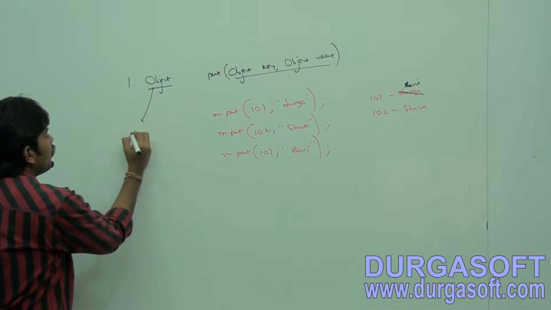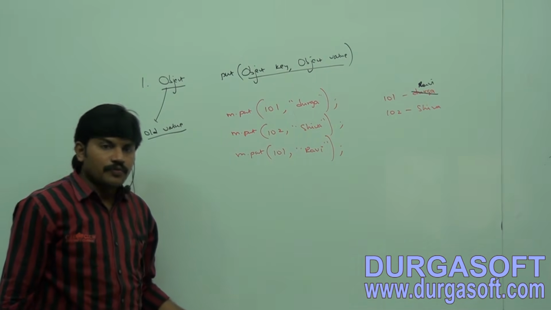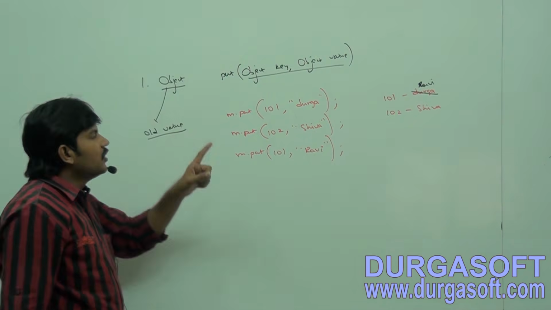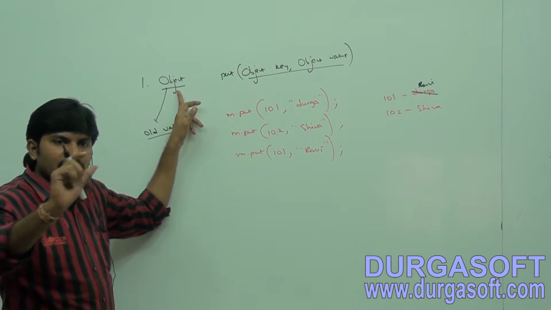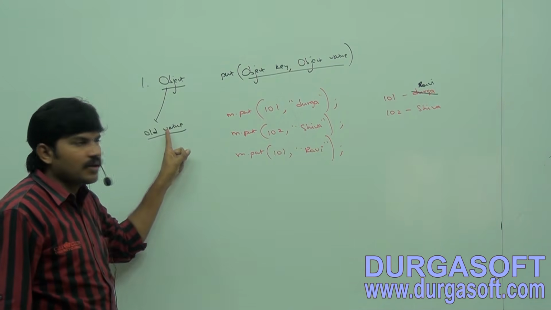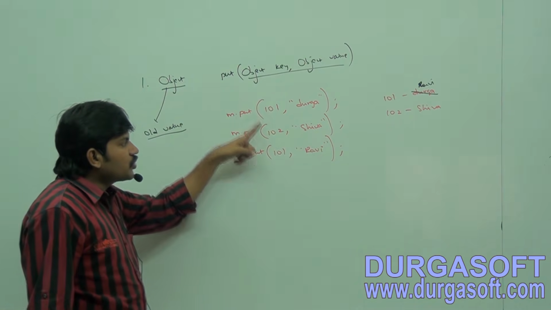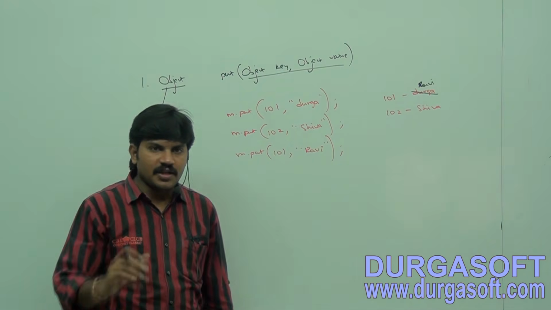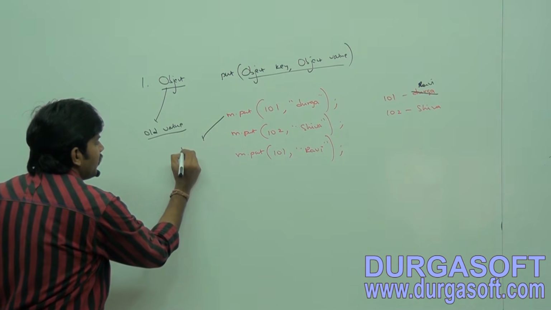That is the return type, right? This one is the old value. If you want to know which value got replaced, just keep this put method inside SOP. If you try to print the return value, Durga, the old value, we are going to get. Suppose you may ask, sir, in the first two cases we are not performing any replacement, then what value is going to be returned? In this case, null will be returned.